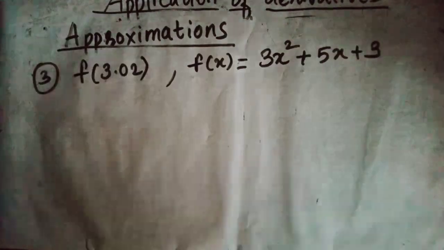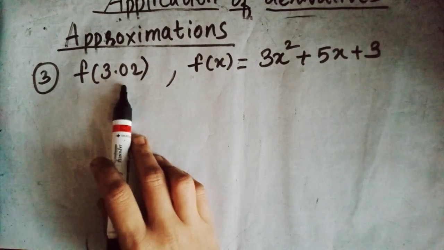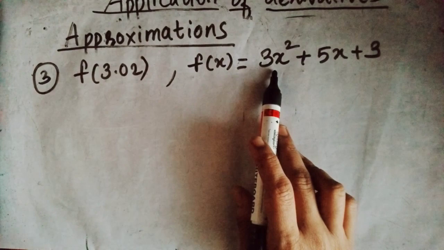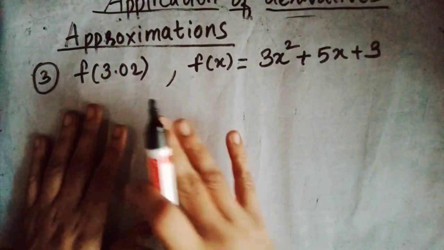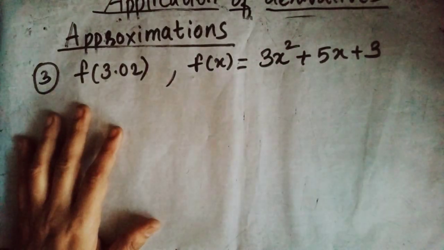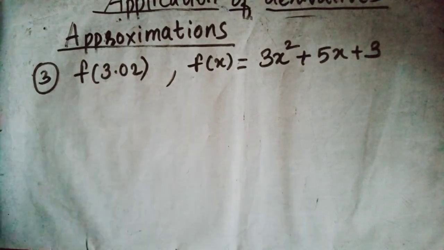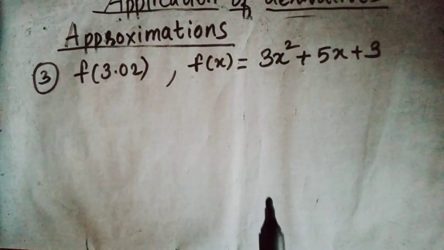Okay, let's solve this. So here f of 3.02 is given. Directly also you can solve this, but it becomes tedious work. So this is the faster method. If the powers are given very high, then it becomes very difficult to multiply this 3.02 5 times, so you can use this method.